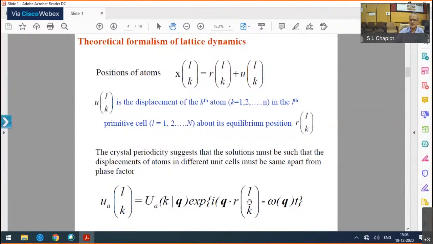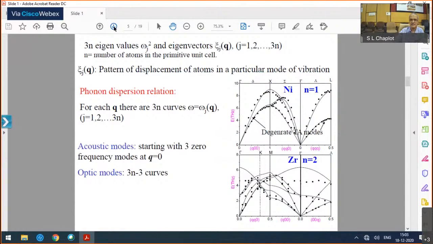However, we'll continue to use this. This has a small effect in the form factors, the way they are defined. I'll come back to it if required.